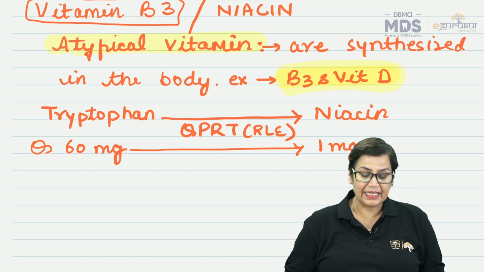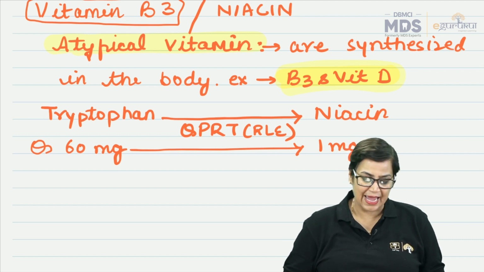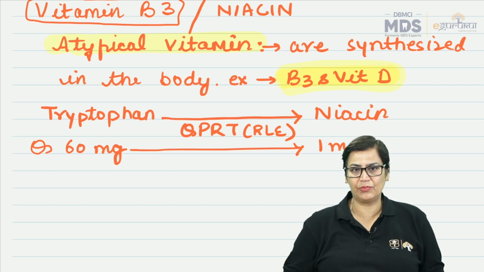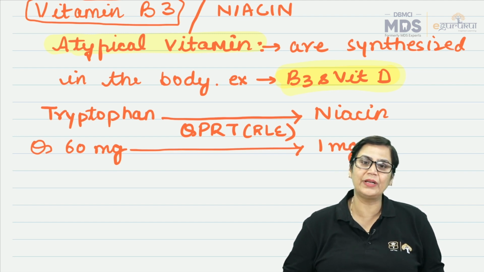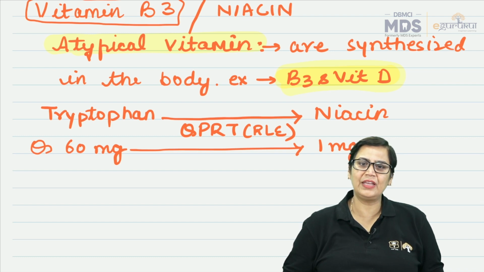So we can say that niacin is synthesized from tryptophan, and 60 milligram of tryptophan synthesizes 1 milligram of niacin. And this is one of the very, very important atypical vitamins.